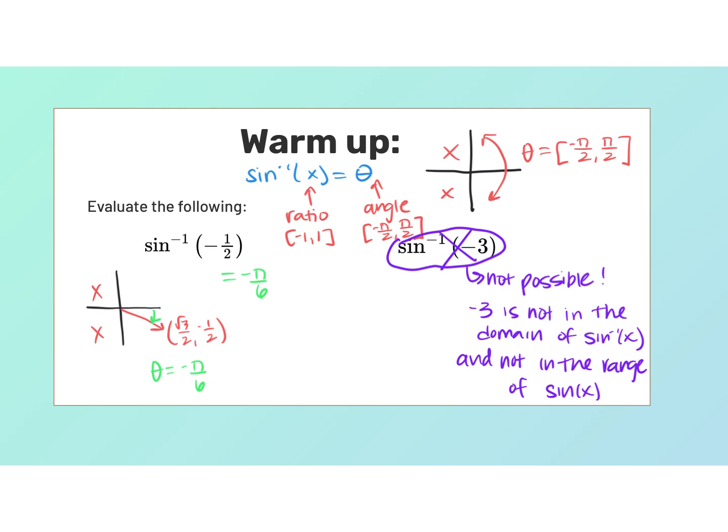Sine is negative within quadrant 4, and we have to remember that these quadrant 4 angles we define as negative angles. So sine is -1/2 at -π/6. It is true that this sine ratio also exists at 11π/6 if you were to think about that terminal ray from the positive angle of rotation, but again, that's outside of our restrictions, outside of our possible range values. So the correct answer here would be -π/6.